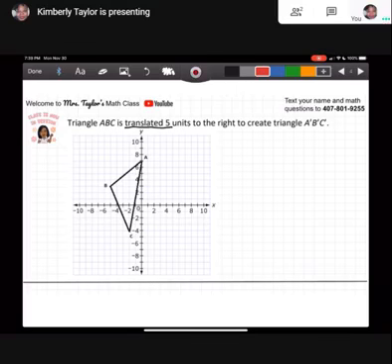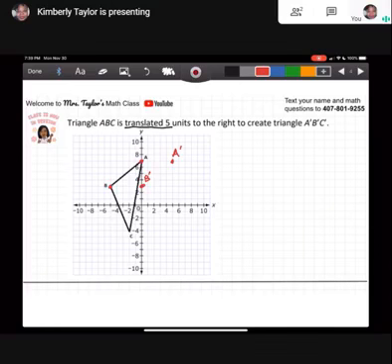So let's count. For the A, you go 1, 2, 3, 4, 5. So this would be A prime. And then for B, you go 1, 2, 3, 4, 5. This would be B prime.